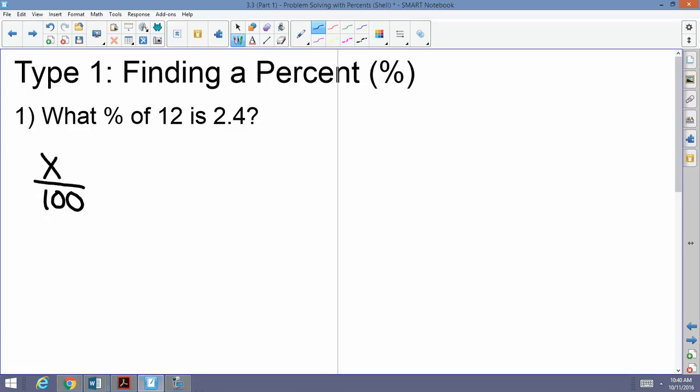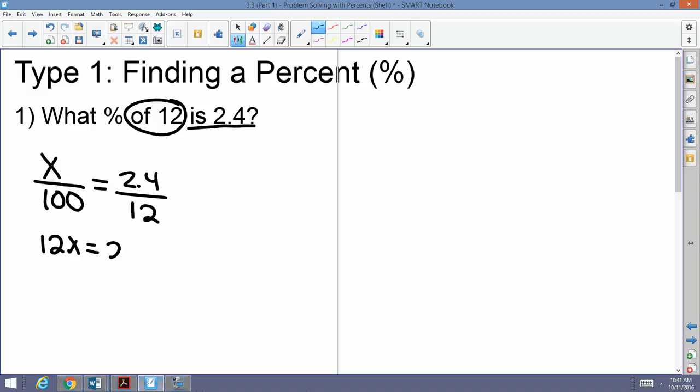So N over 100 equals is, the is attached to 2.4, over of, which is 12. And then here you would literally cross multiply. 12x equals 240. Divide by 12. And x would equal 20.